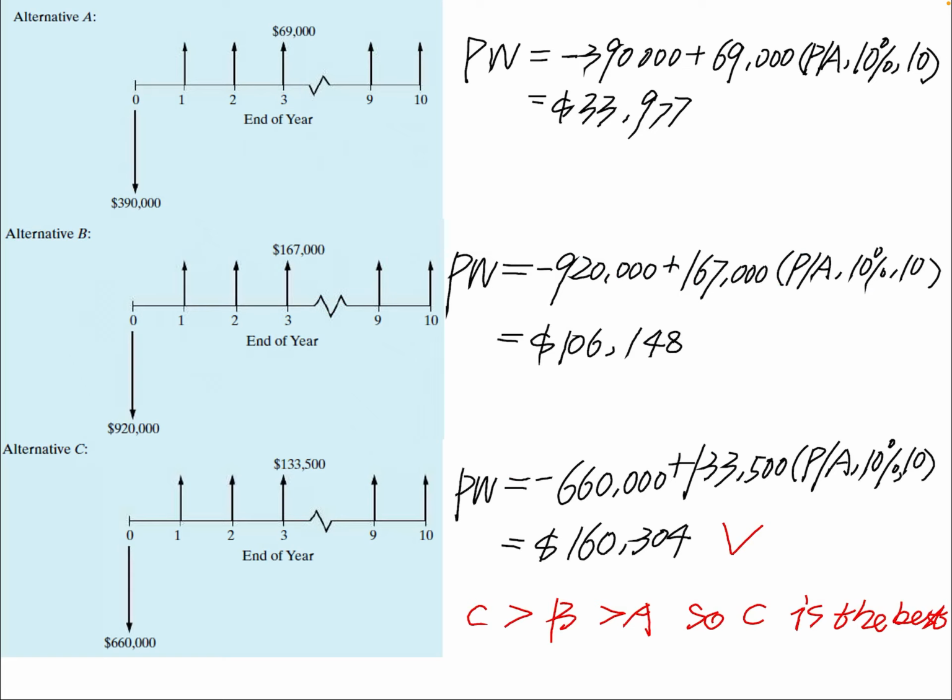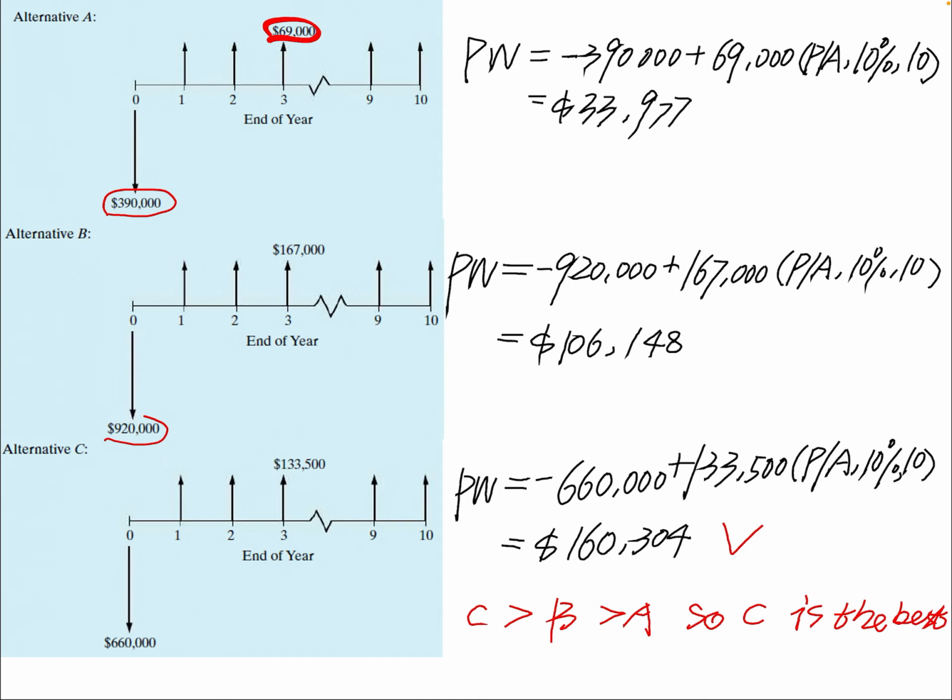Okay, so the diagrams are given in this problem, so let's see what the difference between these three options is. For the first alternative A, at the beginning you pay this much to buy the equipment, the check-in counter, and then every year you can save 69,000 for 10 years.